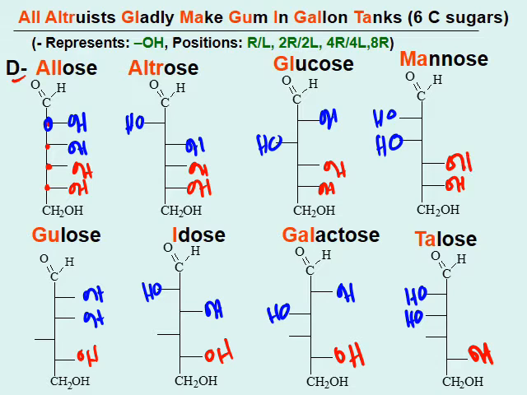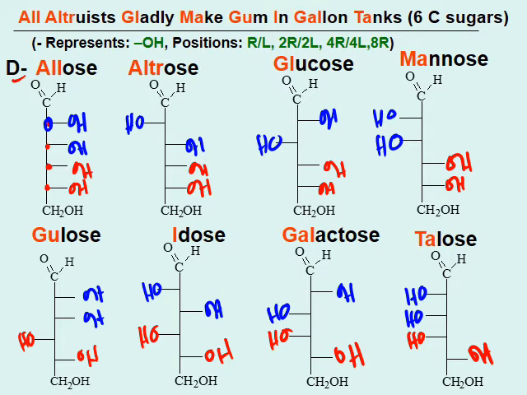I have assigned all 4 to the right, and next 4 would be all to the left. OH, OH, OH, and OH. Now I'm done with all these Fischer projections for the series of carbohydrates with 4 chirality centers.